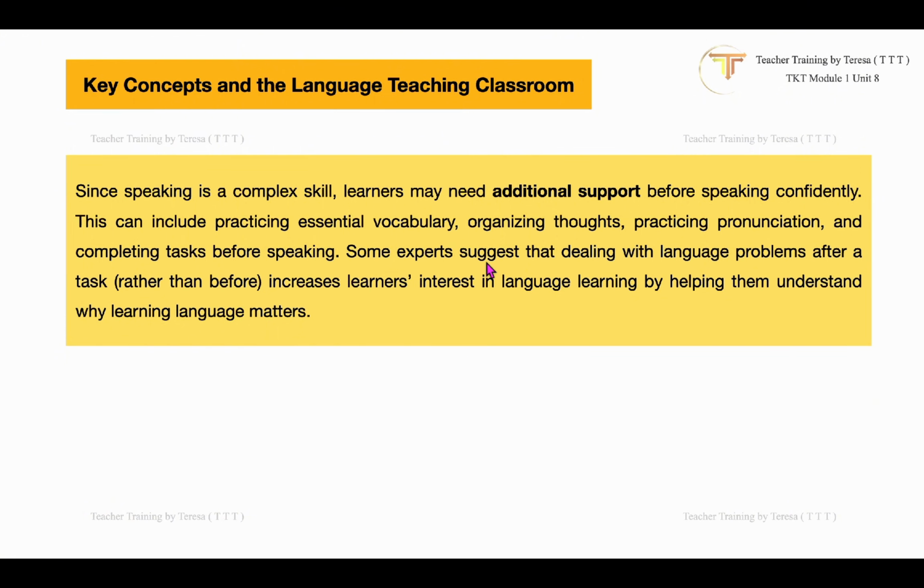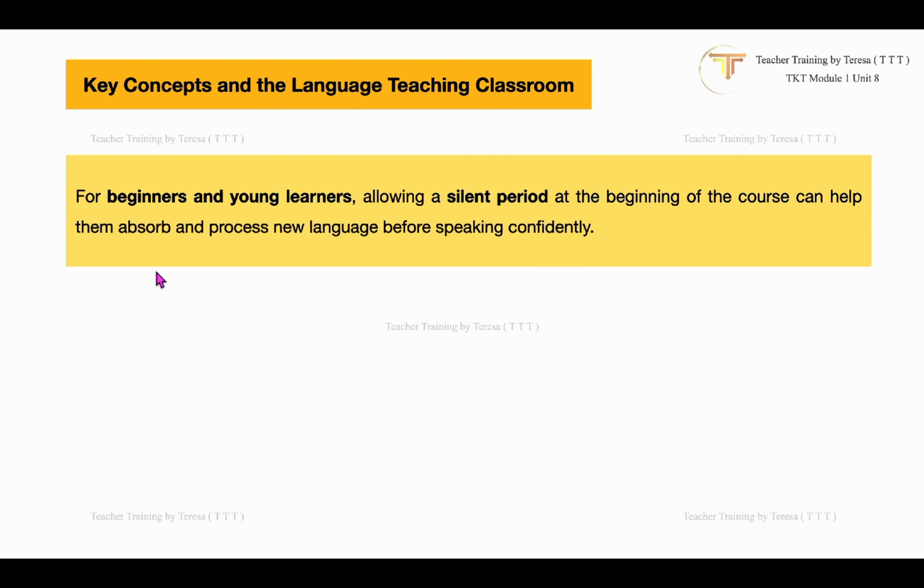Some experts suggest that dealing with language problems after a task, rather than before, increases learners' interest in language learning by helping them understand why learning language matters. For beginners and young learners, allowing a silent period at the beginning of the course can help them absorb and process new language before speaking confidently.